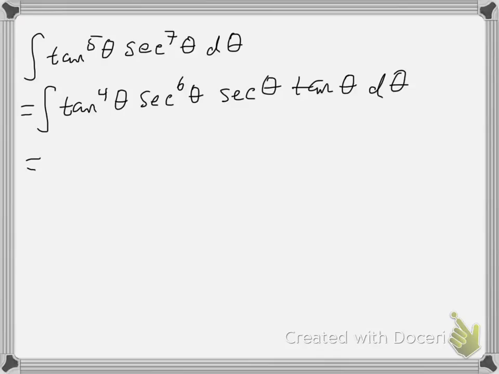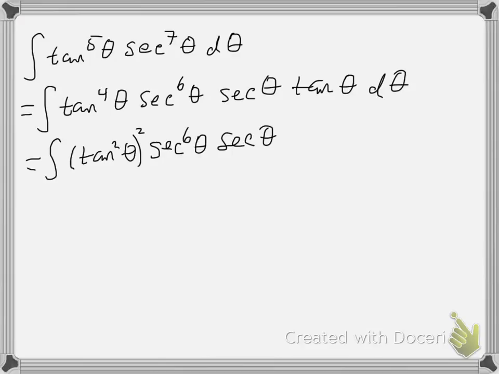We can go one more step with this. We can say this is the integral of tangent squared of theta squared times the secant to the sixth of theta times the secant of theta tan of theta d theta.